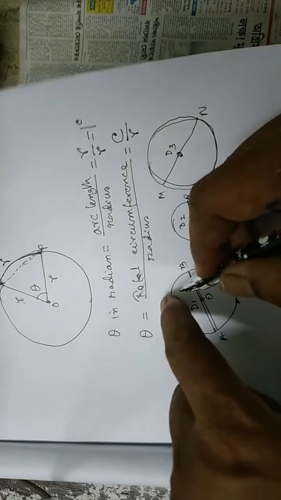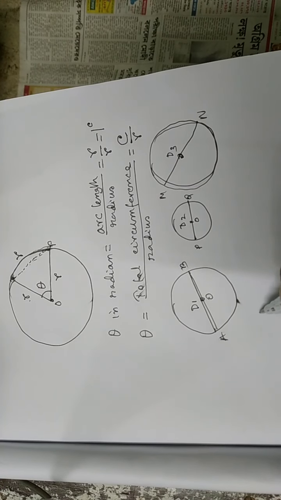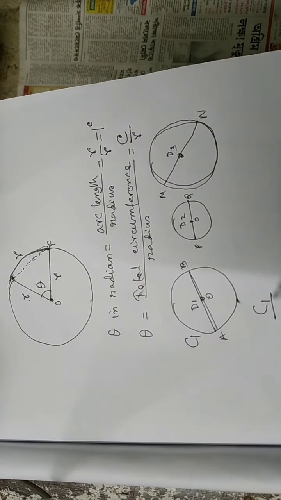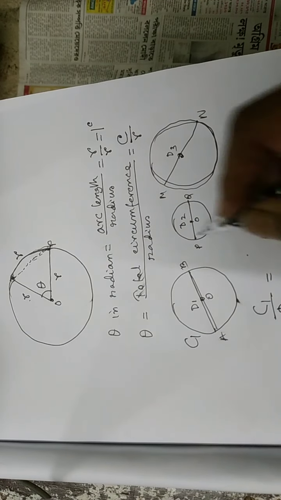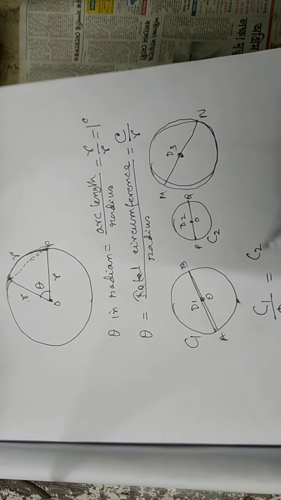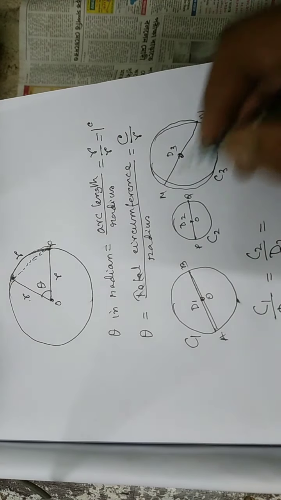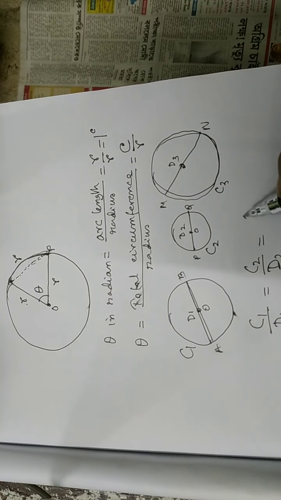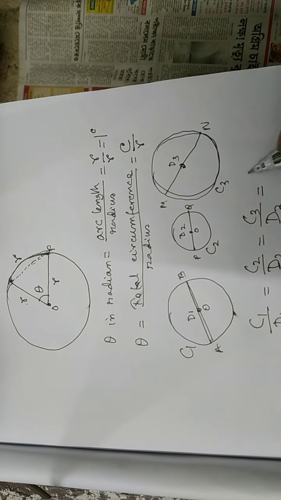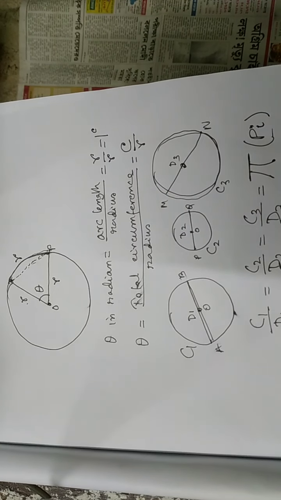Suppose you measure the circumference by a thread and the diameter by another: C1 by D1 equal to C2 by D2 equal to C3 by D3, all equal to a constant which is known as pi. Pi. This is a constant.